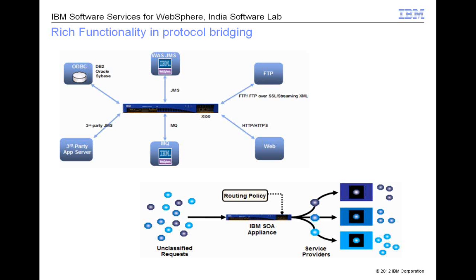You have WebSphere MQ. You have WebSphere JMS. You have web requests coming over HTTP and HTTPS. You also have FTP. DataPower has the capability to receive requests from any of these protocols that you see on the left-hand side and convert them back into any other protocol.